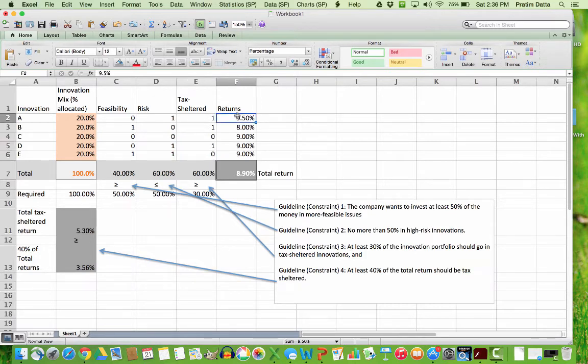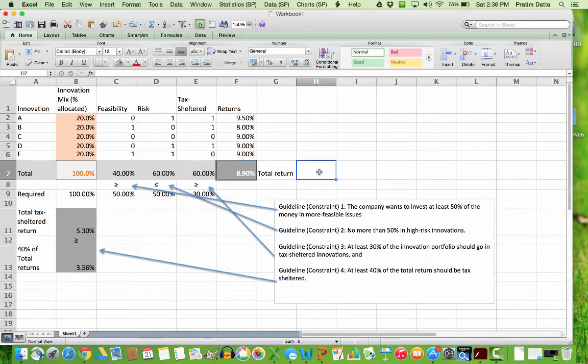And then finally, you've got returns. A provides you a 9.5% return on every dollar invested. B 8%, C 9%, D 9%. And E 9%. So based on that, you can calculate how much of your innovation portfolio mix you have.